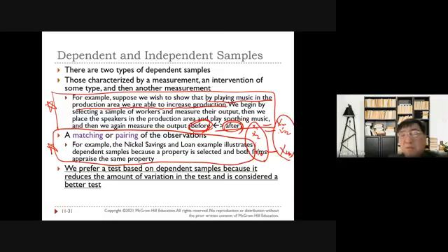Even if the same employee does the same thing, there may be some learning effect. Their physical condition may be getting better or worse, and it may affect the result. Okay. Before and after needs to be very carefully designed.